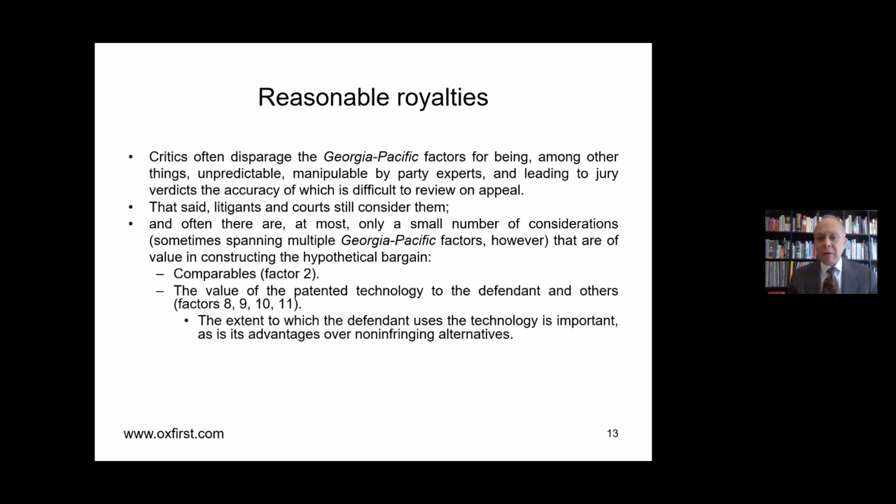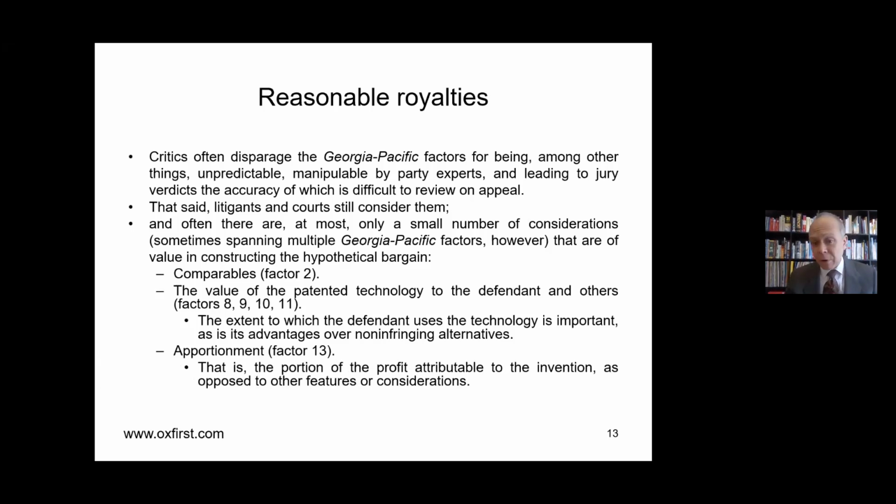And so in this regard, the extent to which the defendant actually uses the technology, the extent to which the technology enables the defendant to reduce its costs or increase its profits, the advantages over non-infringing alternatives, all of that plays into factors 8, 9, 10, and 11. And then factor 13, apportionment. That's important because we want to know the portion of the profit earned by the defendant or the benefit enjoyed by the defendant that is attributable to the patented invention as opposed to other factors, other features.